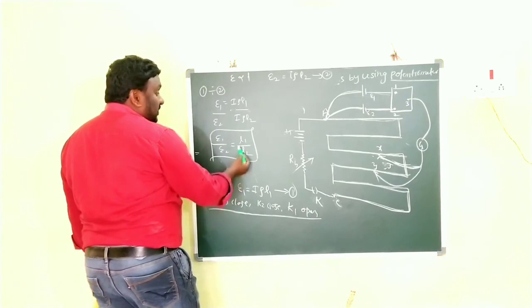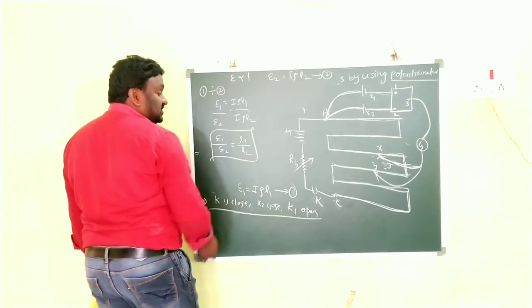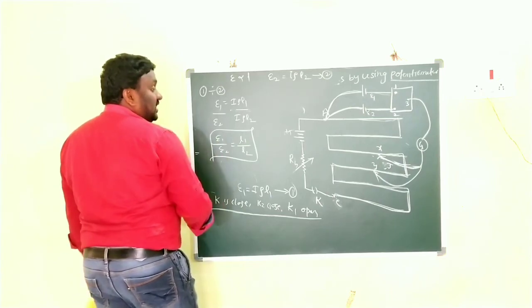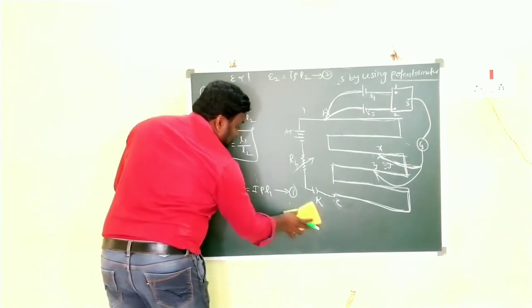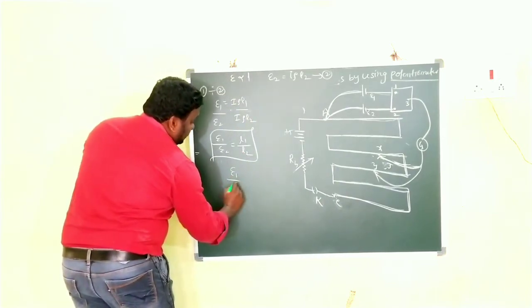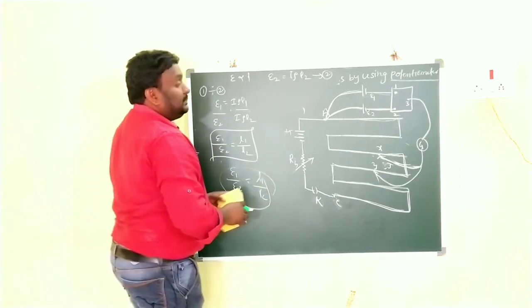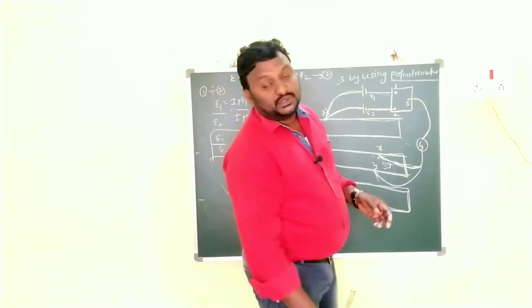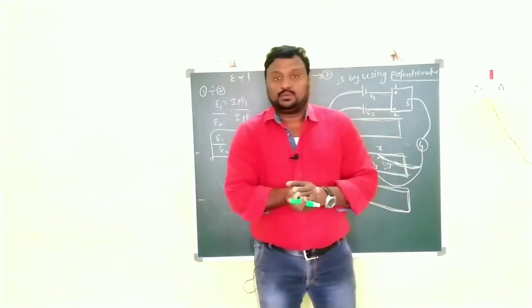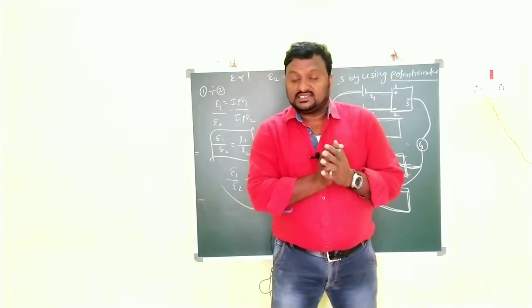If we substitute the values of L1, L2 in this equation, we will compare the EMFs of the given cells. So, children, this is about the comparison of EMFs. Epsilon 1 by epsilon 2 is equal to L1 by L2. In this way, we compare the EMFs of two given cells.